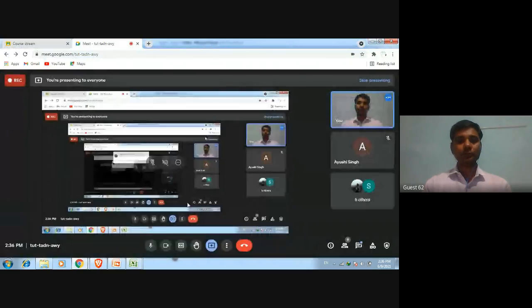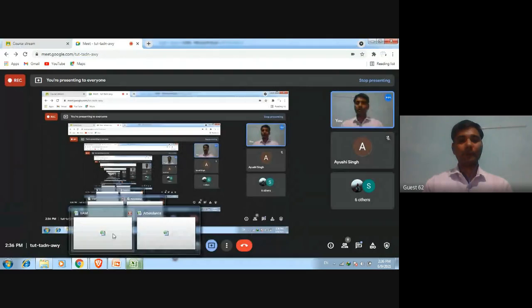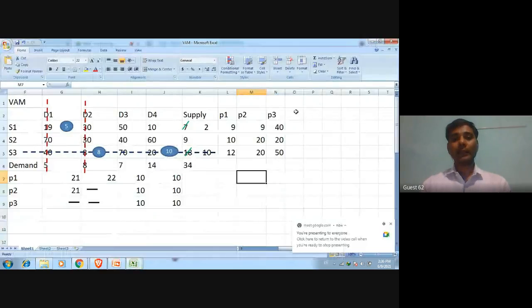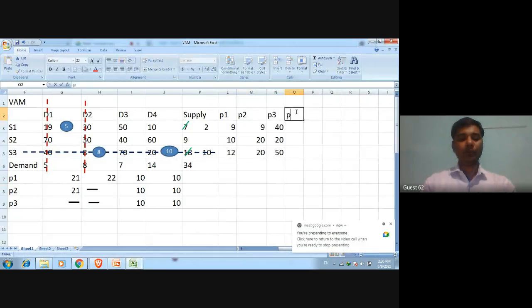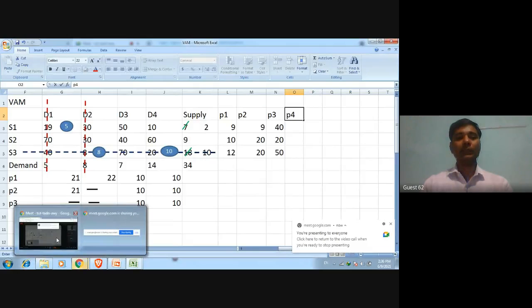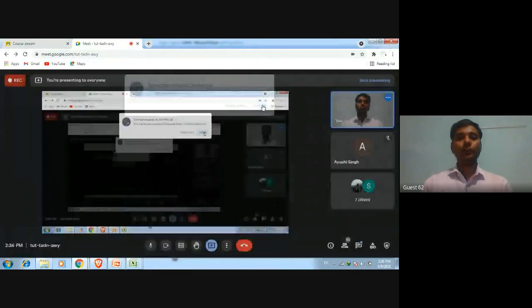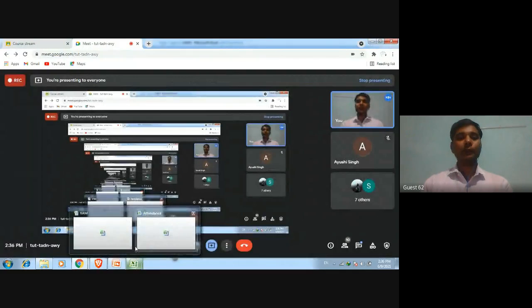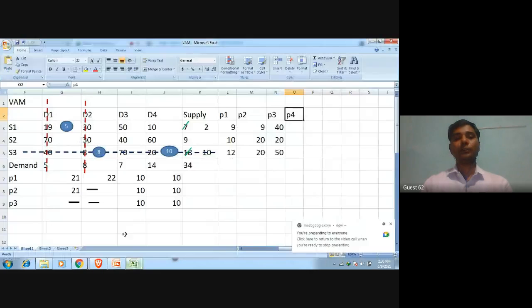Again, we have to calculate the penalty, penalty 4. How many penalties are left here? Only 2, and we have to select both of these. So 50 and 10, 50 minus 10, that is 40.